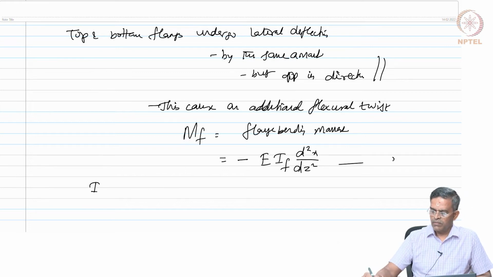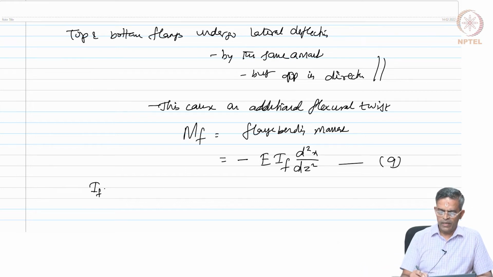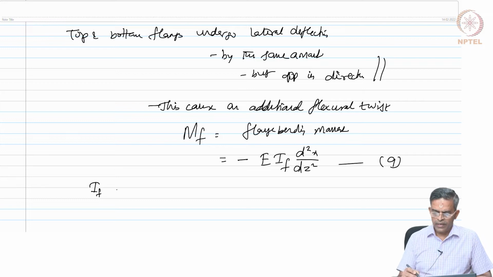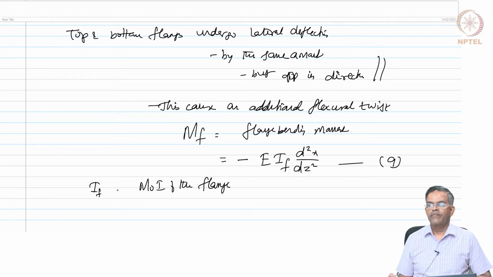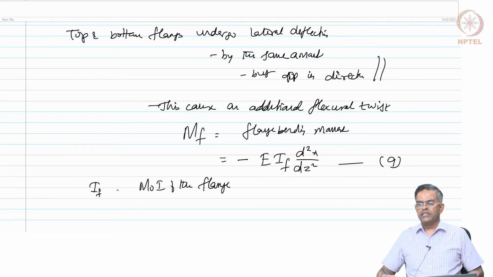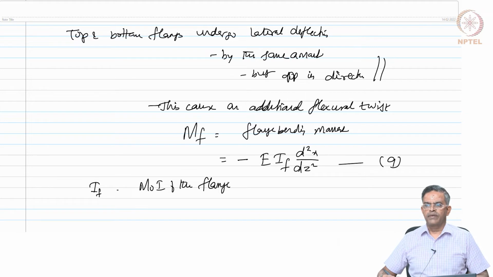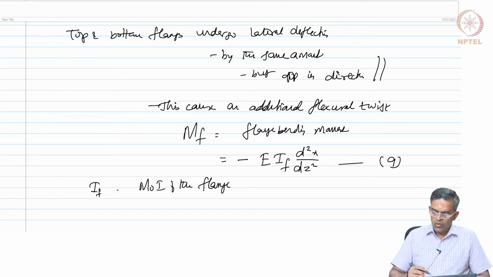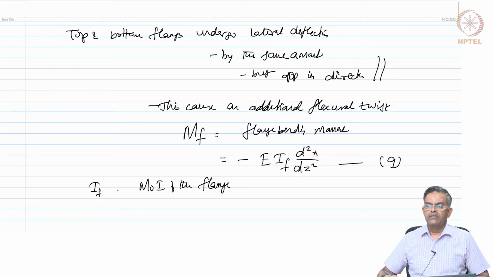We call this equation number 9. If indicates the moment of inertia of the flange, and minus indicates it is opposite to the applied twisting moment. Also note the second derivative is along the x axis, which is the lateral deflection, as we have seen in the figure.